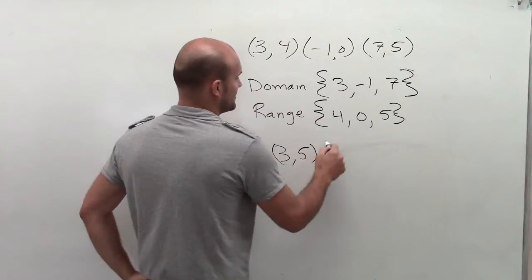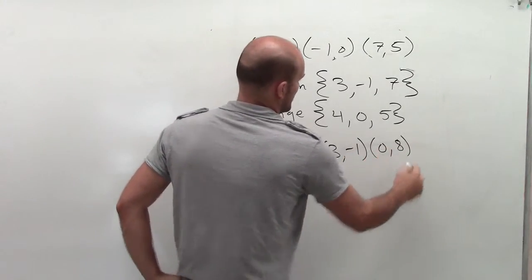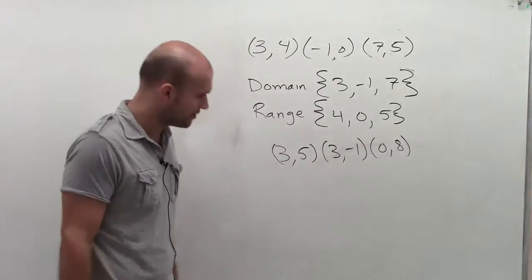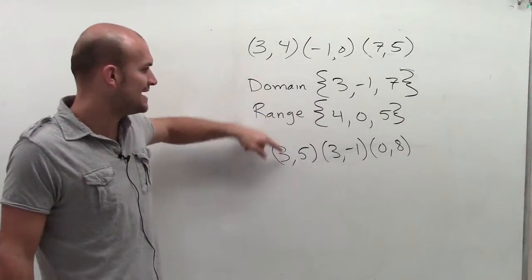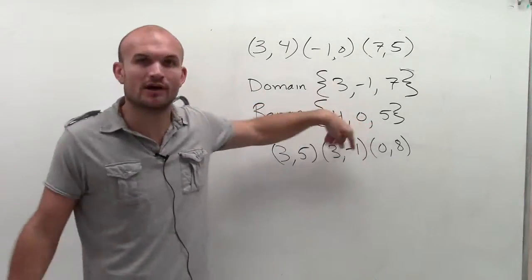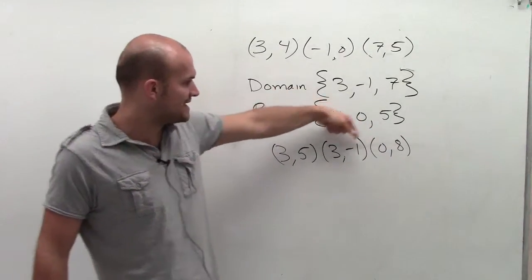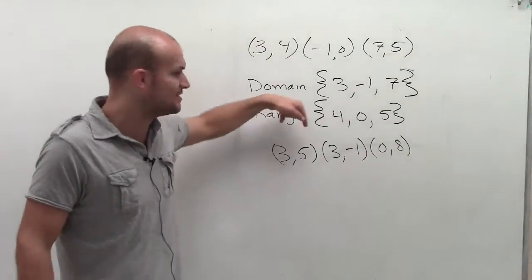So let's take a look at this set of ordered pairs. I'm not going to write out the domain and range to keep the video short, but my domain is 3 and 0. I don't need to say 3 twice. My range is 5, -1, and 8. But notice the relationship between my x values and my y values.